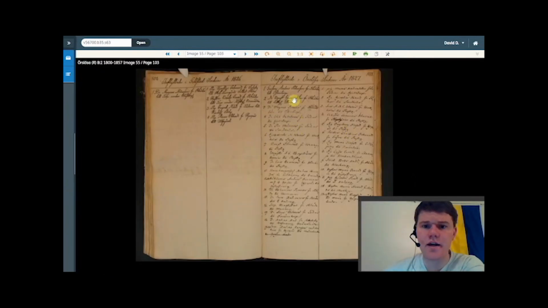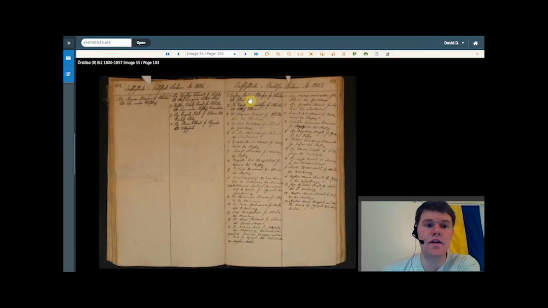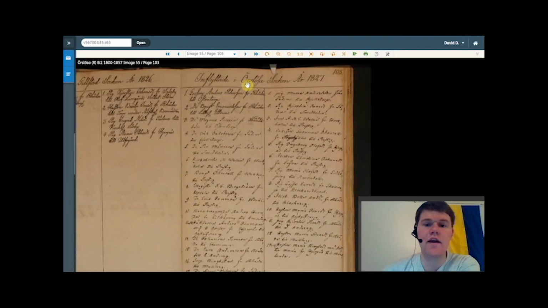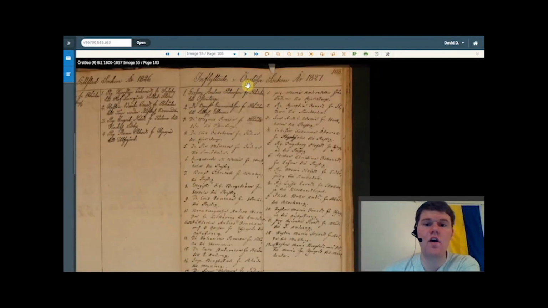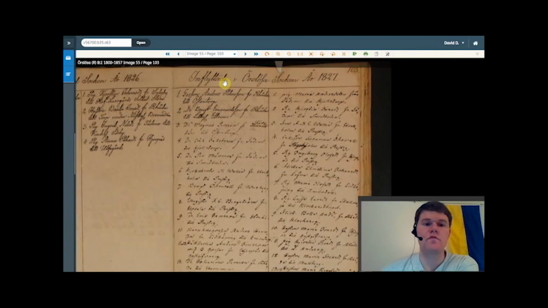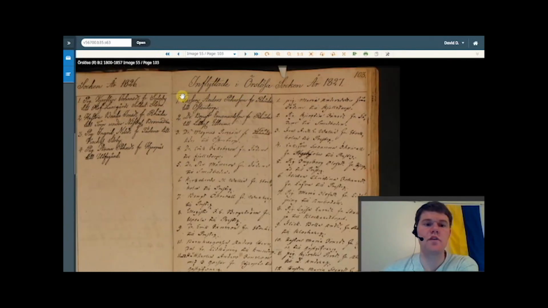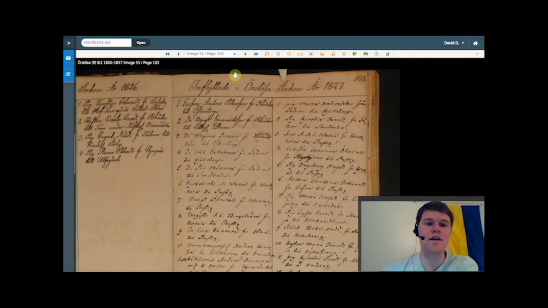Here's another example of how moving records can be organized. This one is where they did all of the parishes next to each other for the same year. So, for example, here's moving in for this parish right here, 1827.